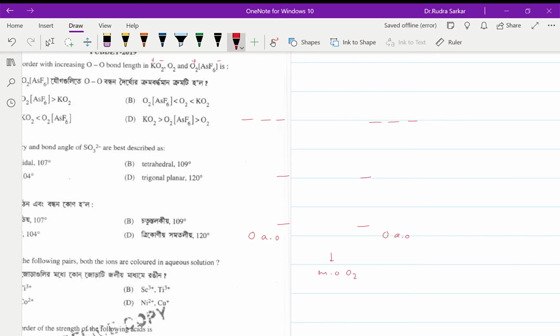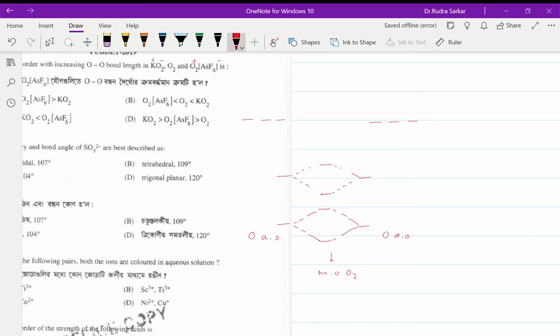So when two atomic orbitals combine, they will be forming a bonding and an anti-bonding. Bonding will be lower in energy. Anti-bonding will be higher in energy. As simple as that. Two atomic orbitals combining will produce two molecular orbitals. Okay, that is the principle one has to remember.